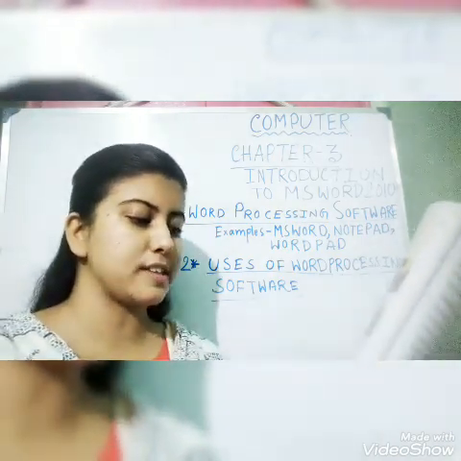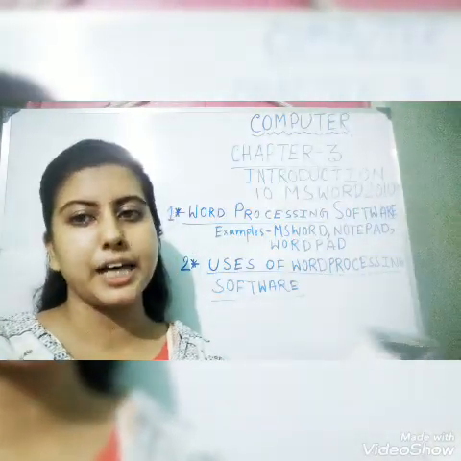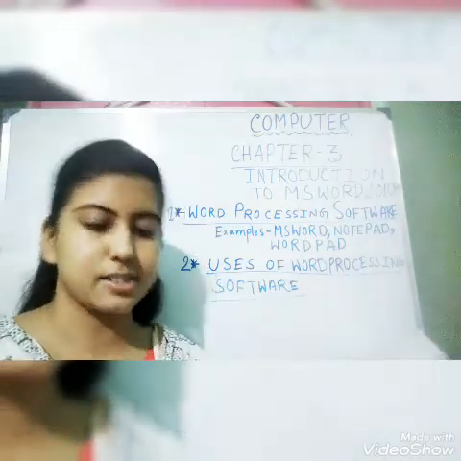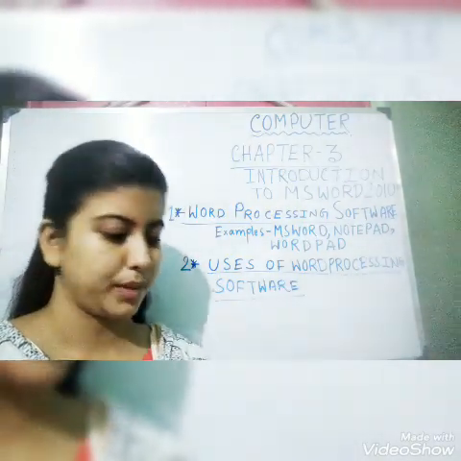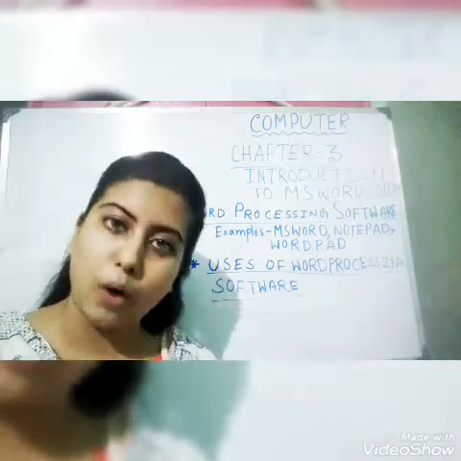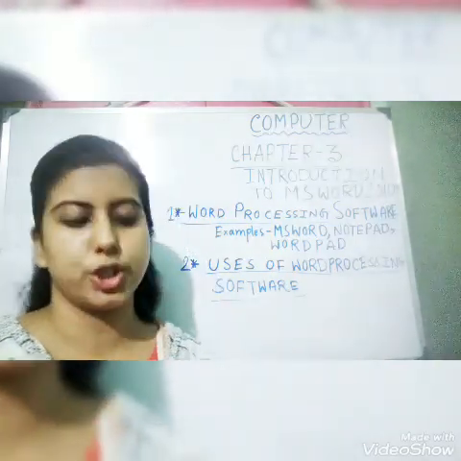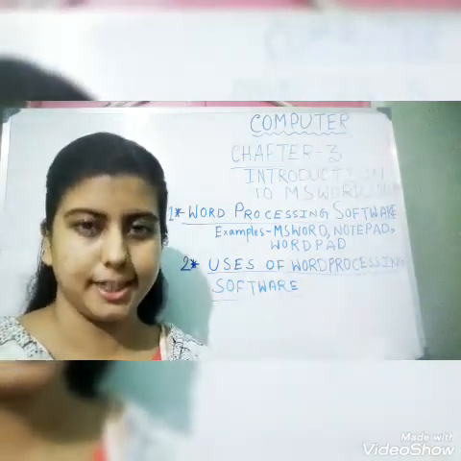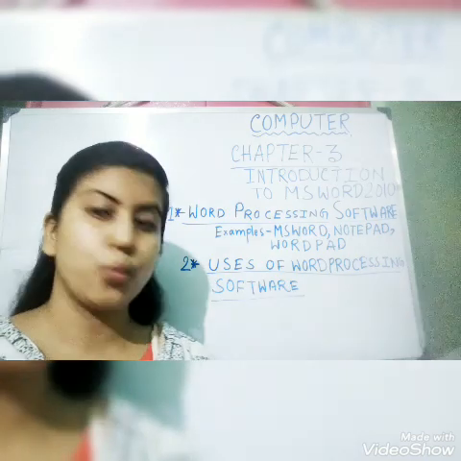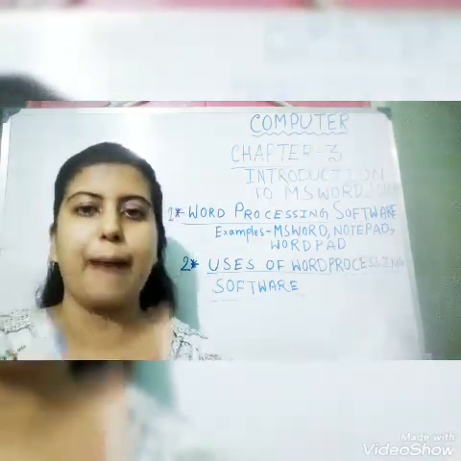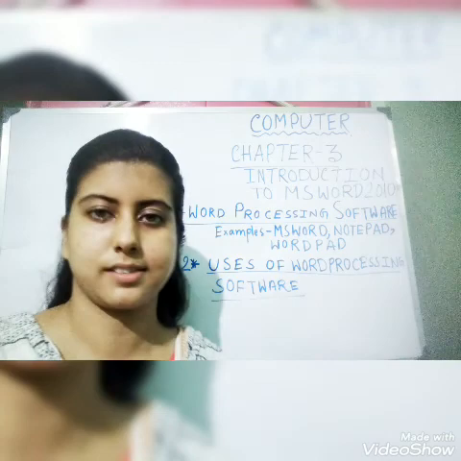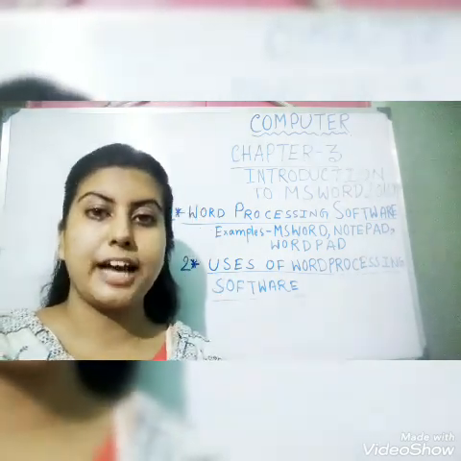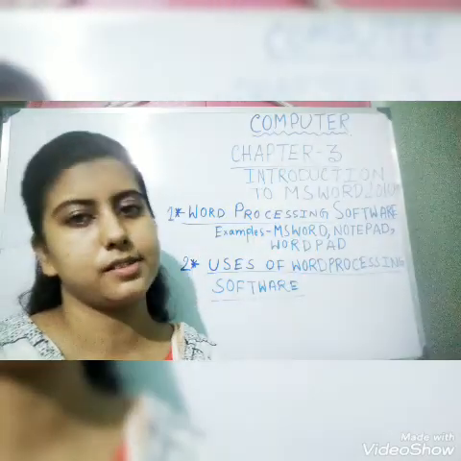A word processing software is a type of software used to create text document. It also allows you to add pictures. We can make any change in the text, and we can also change the appearance of the text. You can change the color of the text. You can change the font of the text.